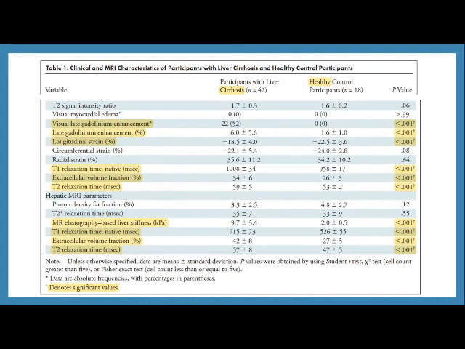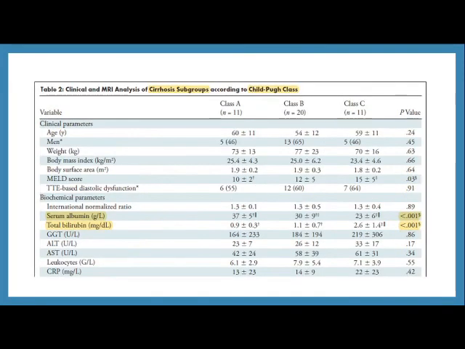Some other MRI findings, both in the cardiac MRI and the hepatic MRI. Here we have a clinical and MRI analysis of the cirrhosis subgroups according to the Child-Pugh classes. According to the severity of cirrhosis or end-stage liver disease, serum albumin and total bilirubin were statistically significant.